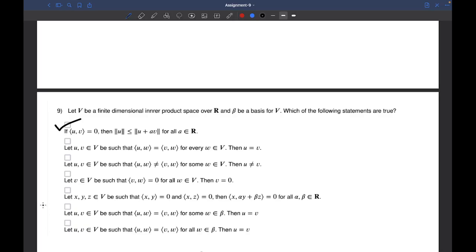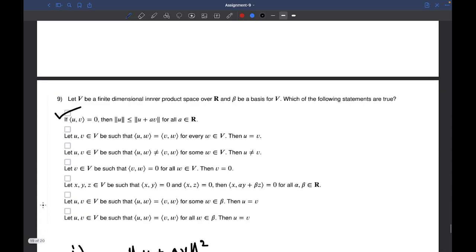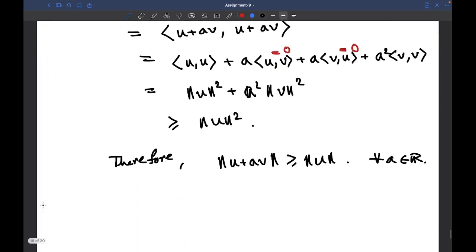Okay. Now what is option number 2? Let U and V belong to the space such that the inner product of U and W equals the inner product of V and W for every W in the space. Then you have to show U equals V. So this is true.